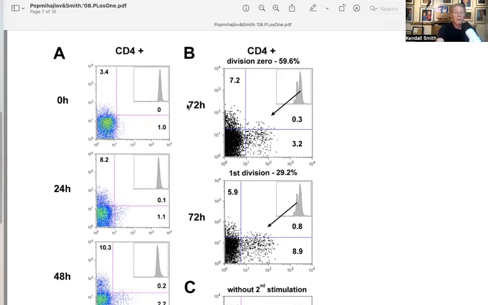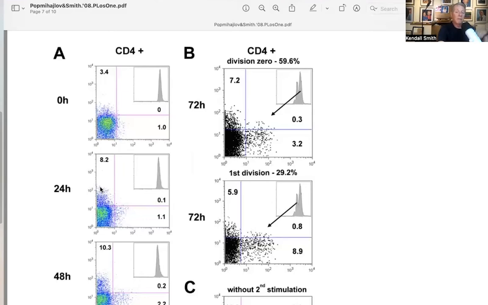At the same time, we stained these cells before the experiment started with CFSE to track the divisions of these T cells. So this is time 0, and there is just a single component, meaning that they have not undergone any division. And then at 24 hours, still there's no division.